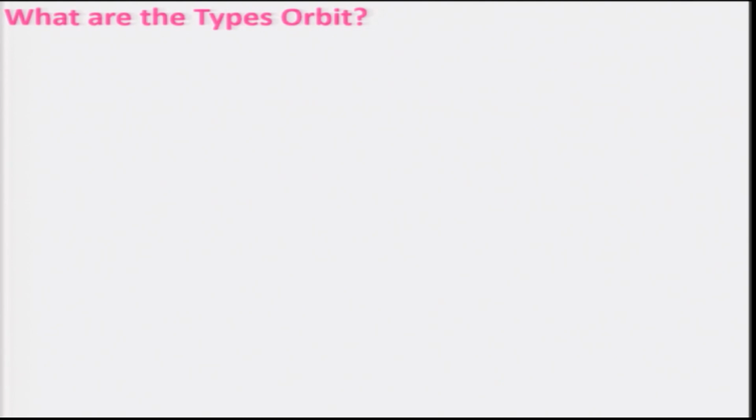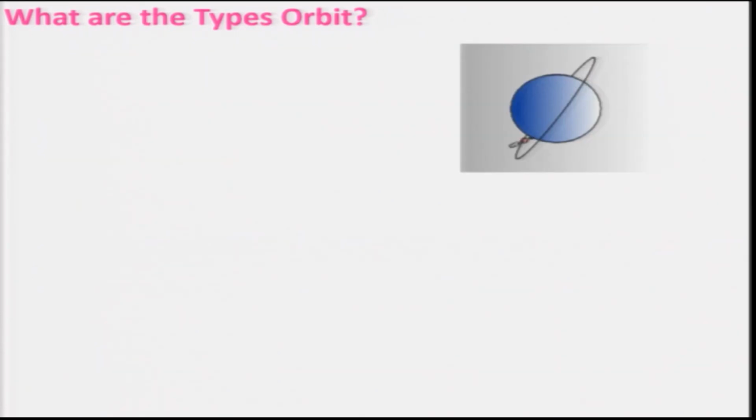Let us say this satellite is moving around a planet, or you can say Earth, and we need to look at what kind of orbit it is. We have already defined that it can be circular or elliptical, but depending on its application, if it is moving around Earth, we can call it an Earth reference orbit.